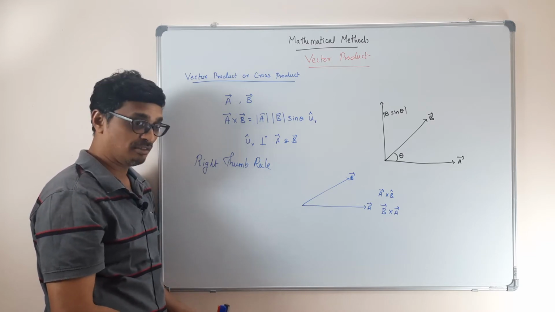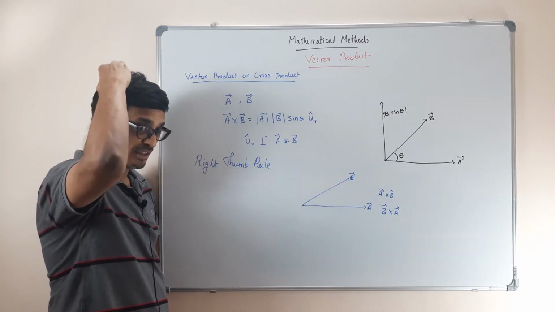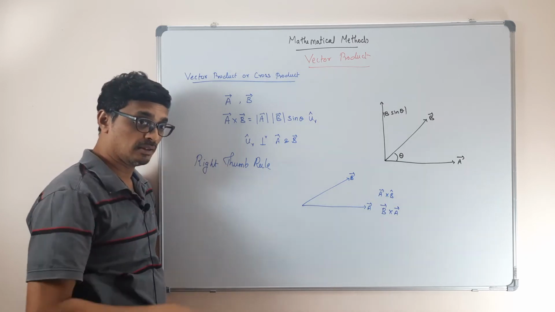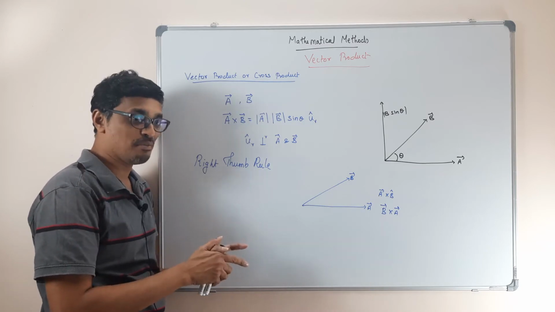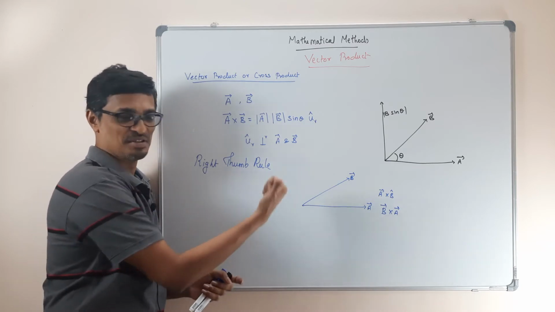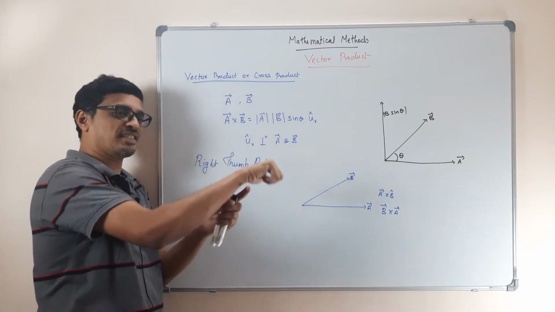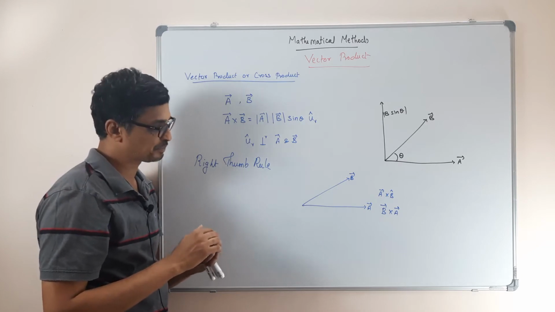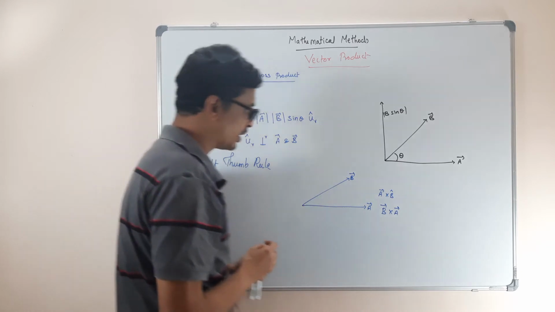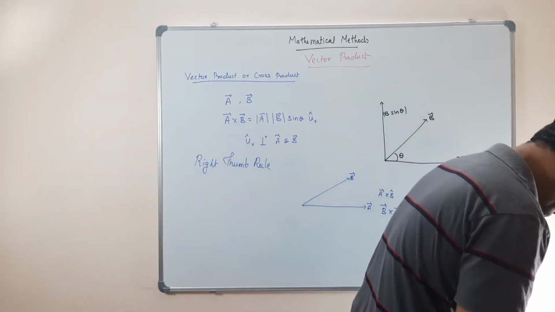Is A cross B equal to B cross A? The magnitude is the same, but the sign is opposite. A cross B will be minus of B cross A, so you have to treat it like a negative vector. So this is what the cross product of vectors is.